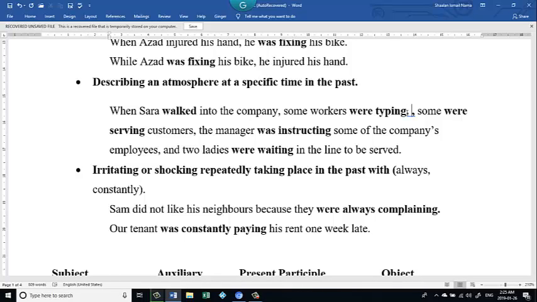And then if we say some were serving customers, it means some workers were serving customers. Because it's the same subject, we deleted "some workers." Then same thing here, the manager was instructing some of the company's employees. Okay, let's continue to look here.